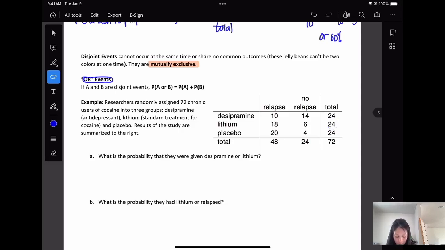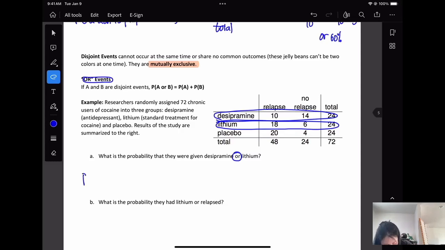Now, what is the probability that they were given Zipamine or lithium? The total number of people who were given Zipamine is in this row, and lithium is the second row, which is 24. Since it is OR, that means we use addition. People who were given Zipamine did not get lithium, so these two events are mutually exclusive.